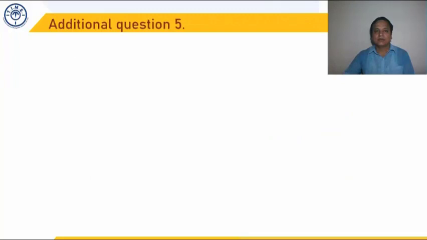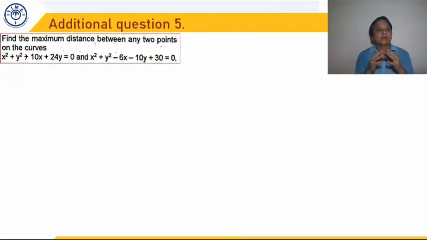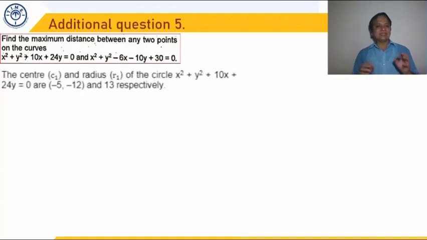Now, additional question number 5. It says find the maximum distance between any 2 points on the curve. Both the curves are circles. Now, the center C1 and radius R1 of the first circle: center is minus 5 and minus 12.